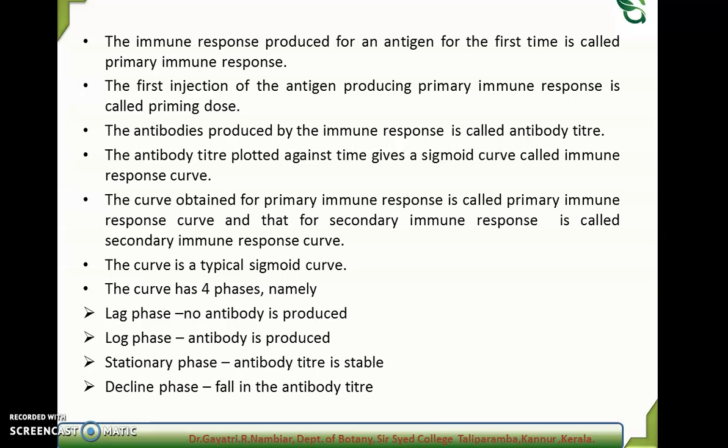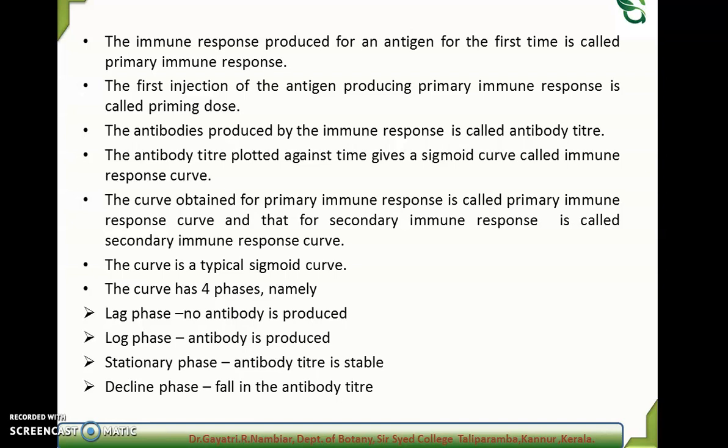The curve obtained for primary immune response is called the primary immune response curve, and that for the secondary immune response is known as the secondary immune response curve. So, the first injection is known as the priming dose, and the antigen-antibody reaction can be plotted with the help of the immune response curve.